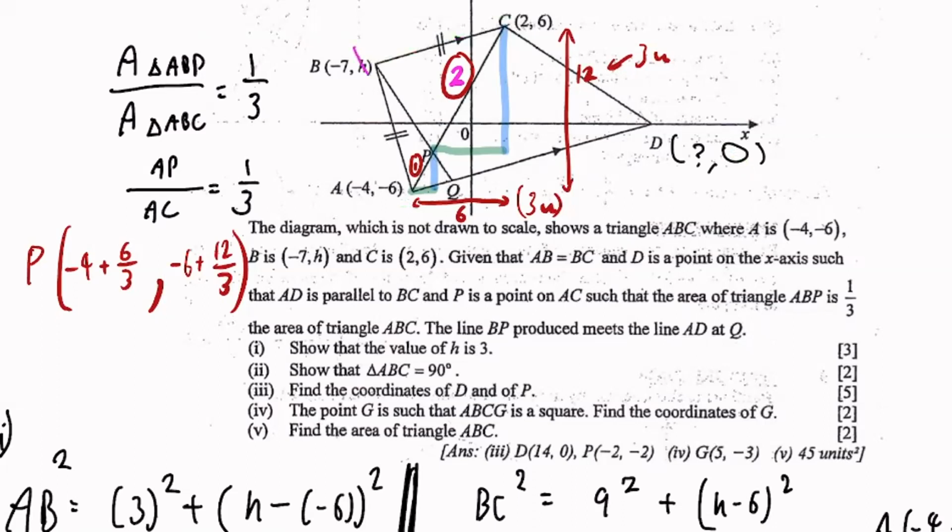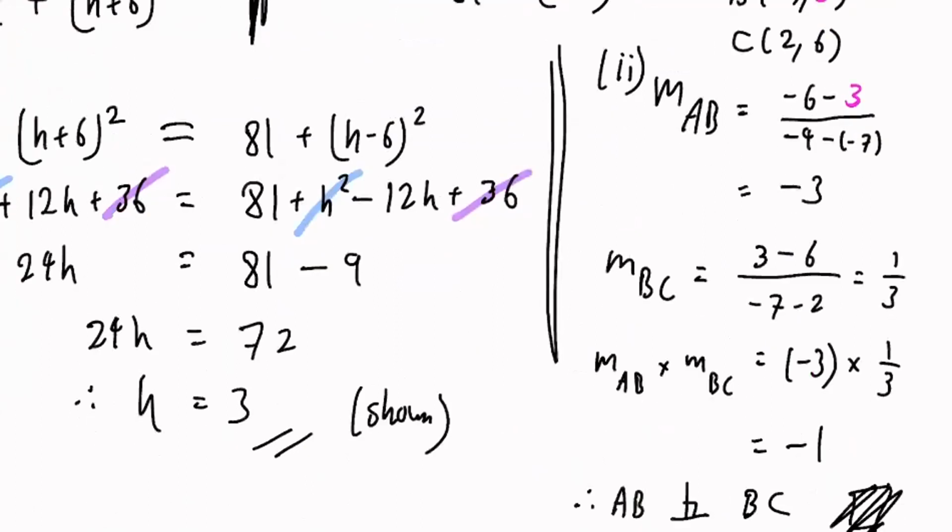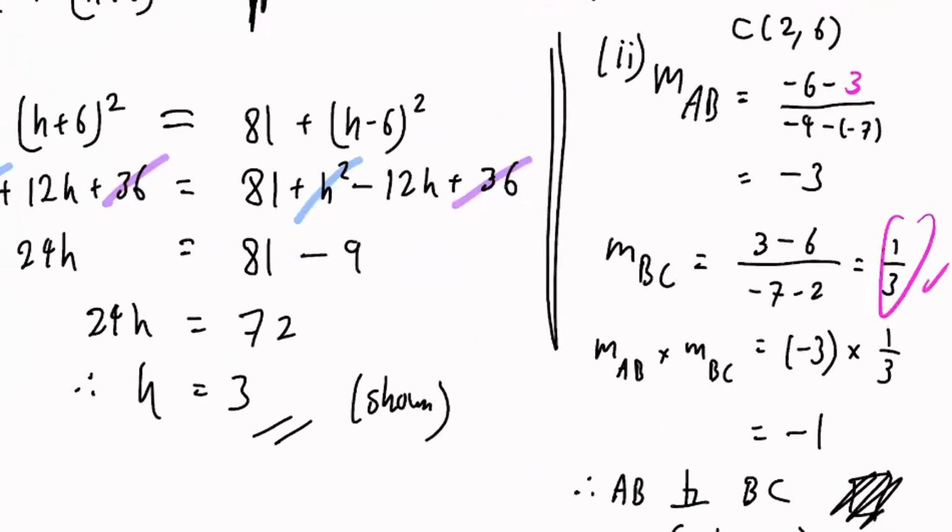You find gradient BC, then gradient AD equals gradient BC, then you do point slope with point A with your gradient of AD. Don't need to sub Y equals 0. Let me show you. MBC is what again? We calculated already. 1/3. Yes, we can recycle. Very nice.